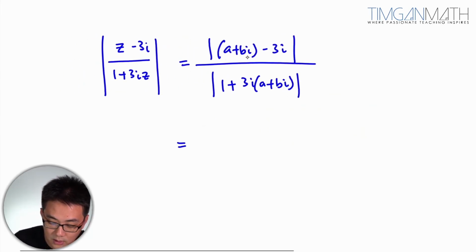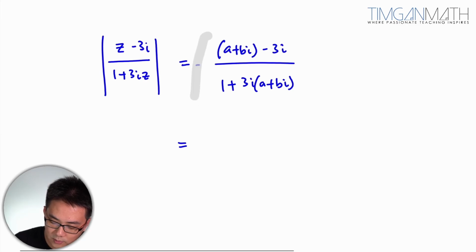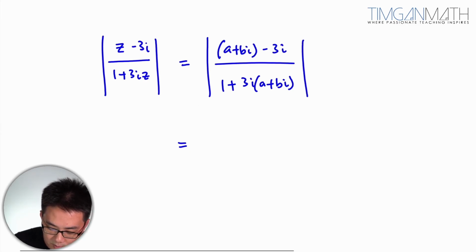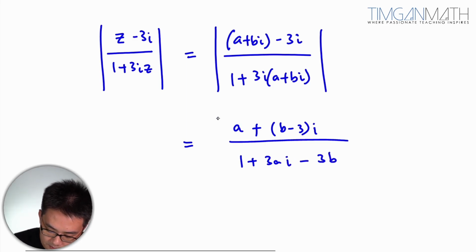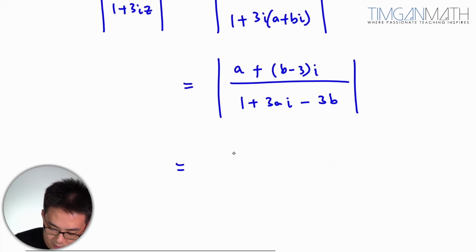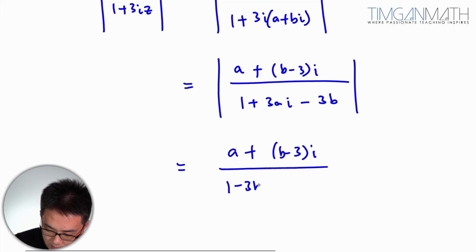So the real part and imaginary part: a plus (b minus 3)i over (1 minus 3b) plus 3ai. Just be mindful of the expression b minus 3i here and 1 minus 3b. It's a lot of manipulation here.